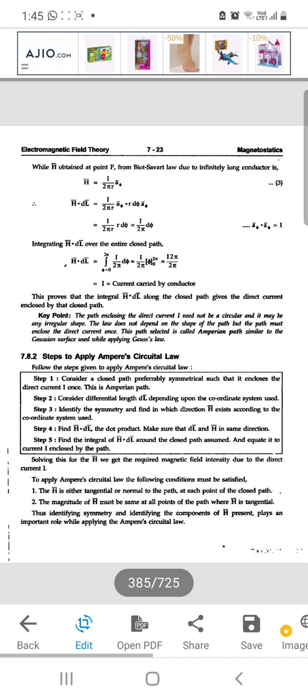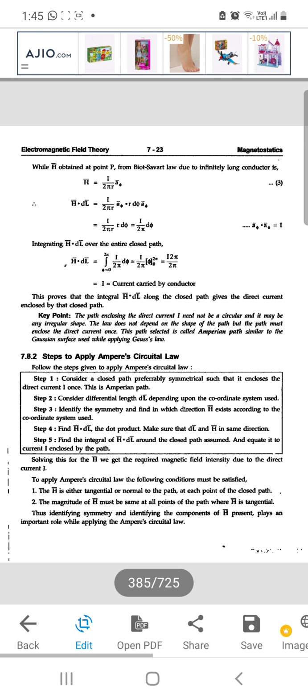I by 2 pi you can take outside, and I by 2 pi times the integral of d phi from 0 to 2 pi will yield the answer I, which is the total current carried by the conductor. This proves that the integral of H dot dl along the closed path gives the direct current enclosed by the path.